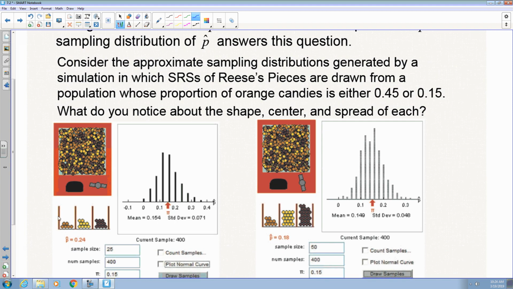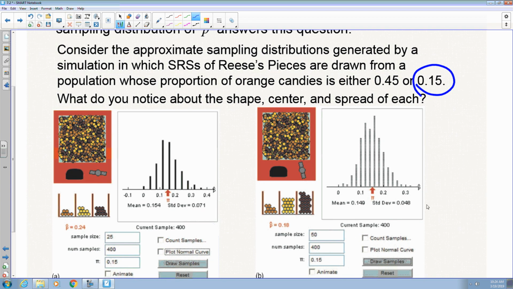For the second one, we're getting closer and closer to 0.15, and we see the same thing. The standard deviation decreased, and the sample proportion for the distribution of samples gets closer to 0.15 as the sample size increases. So it's the same whether we were looking at the 45% or the 15%.